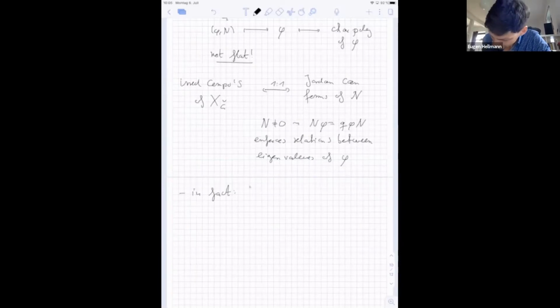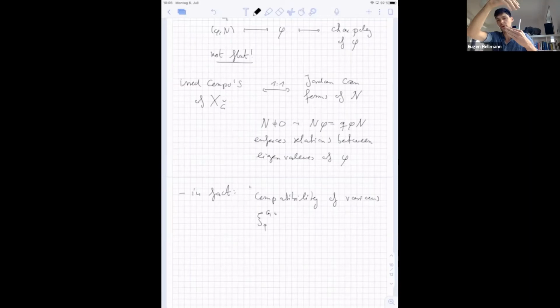So I just, in some sense, very sloppily wrote in this conjecture that you want to have a compatibility of the various psi PG. So what do I actually mean by this? I mean by this, if I take two parabolic subgroups, one contained in another, then I can, in some sense, first induce from the smaller one to the bigger one, and then induce to the full group, or I can directly induce from the small one to the full group.